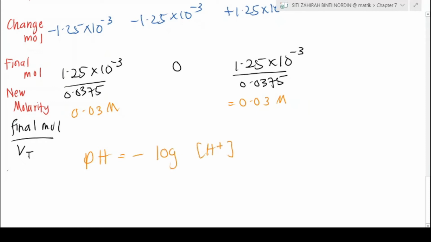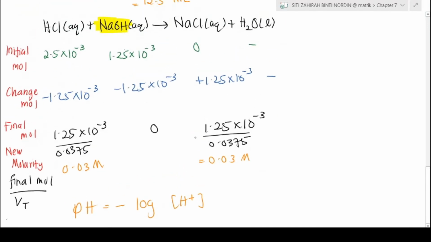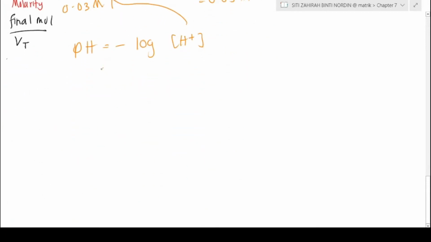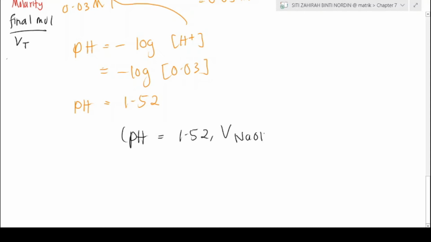So where can we get our hydrogen? We got our hydrogen ion from HCl, right? So what is the molarity for your hydrogen? It will be 0.03. So your pH would be 1.52. So we've got our second point, which has a pH of 1.52 and the volume of sodium hydroxide to be 12.5 mL at half equivalent point.